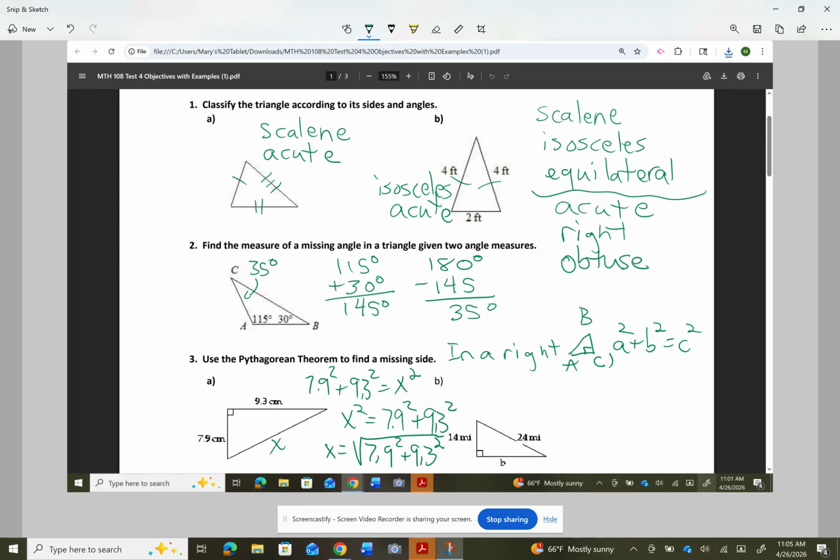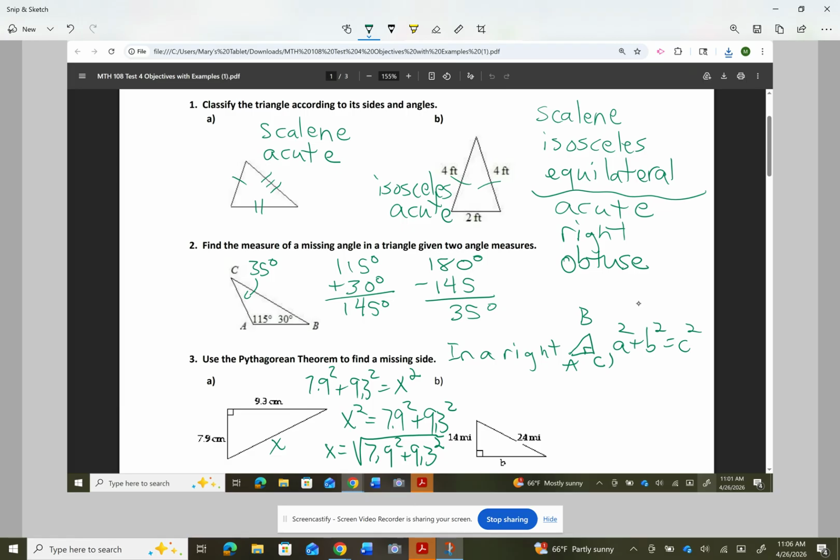Okay, so I wound up with, let me make sure I did that right, square root of 7.9 squared, sorry I entered it wrong and I had to do it again, the 7.9 squared plus the 9.3 squared, okay? And I wound up with about 12.2, okay?